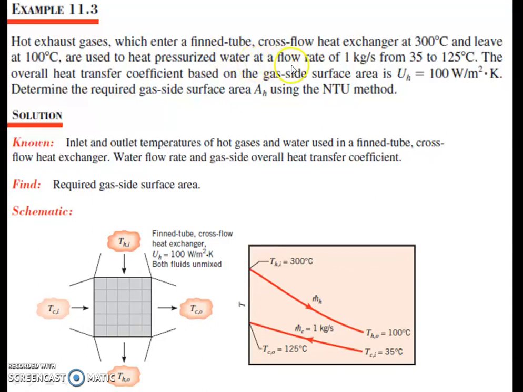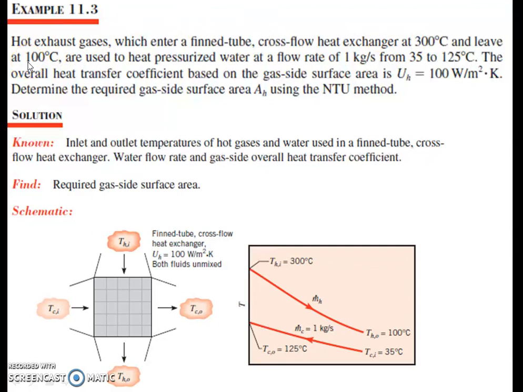The water is at a flow of 1 kilogram per second, from 35 to 125. We can notice that the water enters at a very low temperature compared with the inlet of the hot pipe, but at the exit, the cold water has been raised more than the exit of the hot pipe.